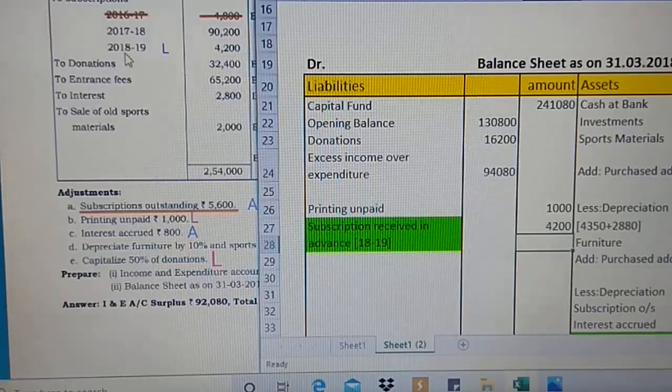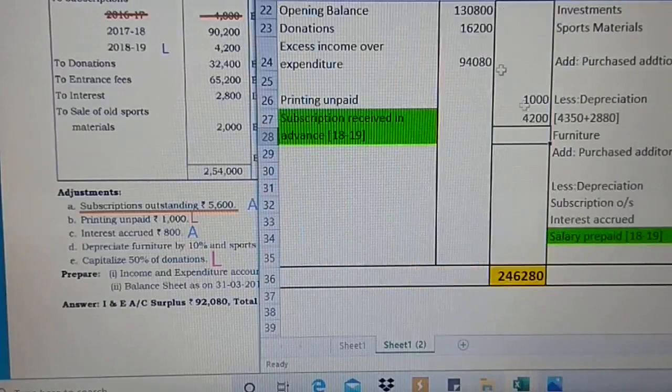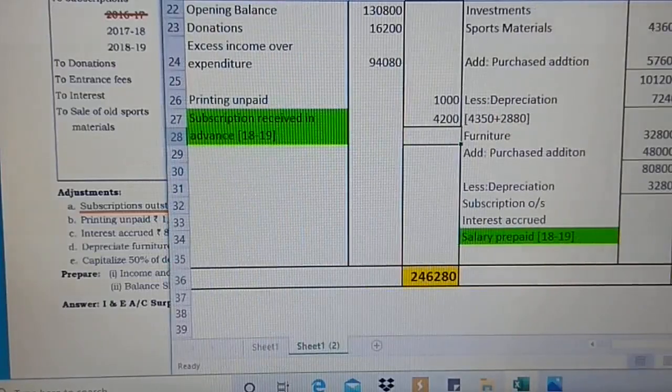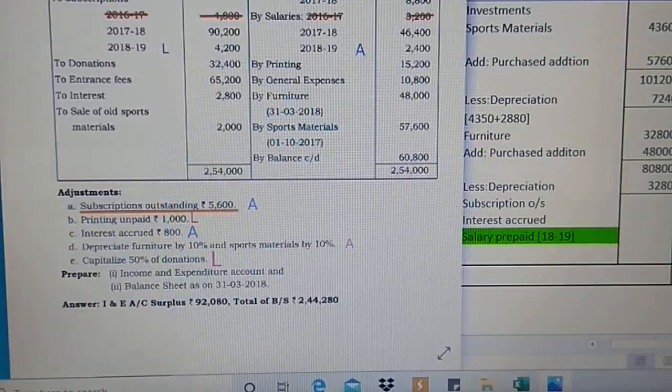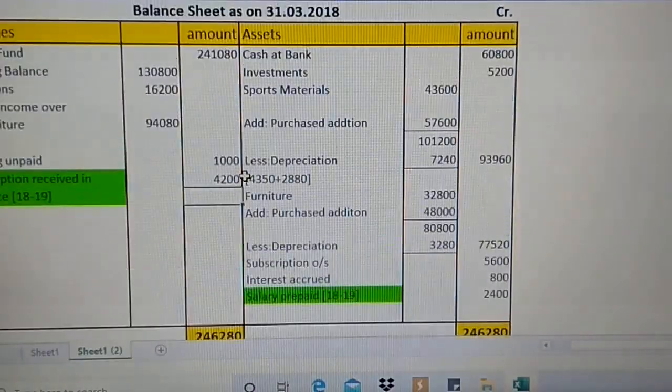So here already they have taken up once on the receipt side and the payment side. That is actually one which we are going to adjust only once on the balance sheet. So this is how we are going to do. Now just observe, my balance sheet is completed. Let me close this. So my balance sheet is completed.